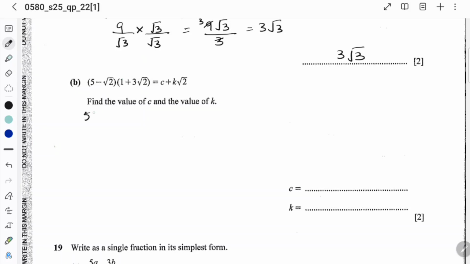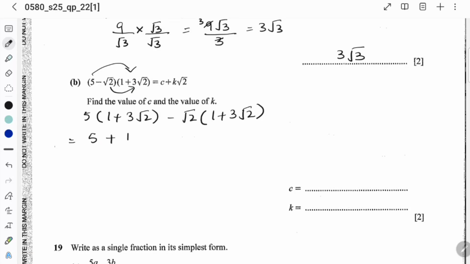So that is 5 times 1 plus 3 square root 2 minus square root 2 times the whole bracket, I'm just expanding it like we usually do. 5 plus 5 times 3 is 15 square root 2 minus square root 2 minus 3 times square root 2 square, okay? Square root 2 into square root 2 is only 2.